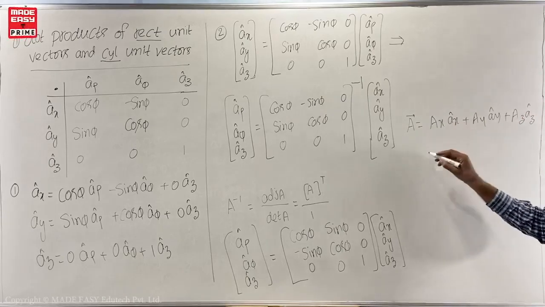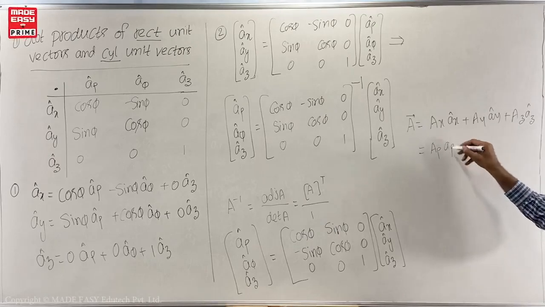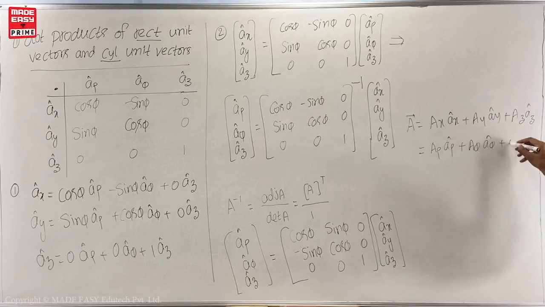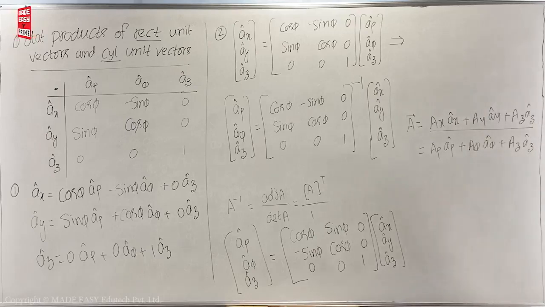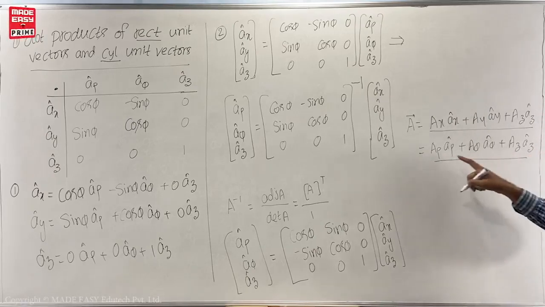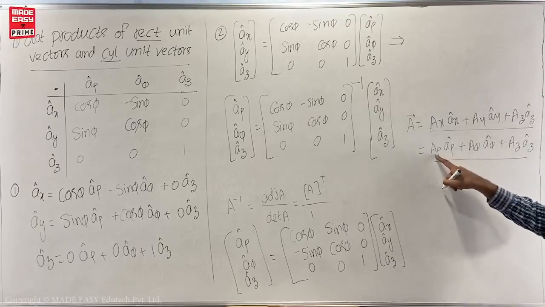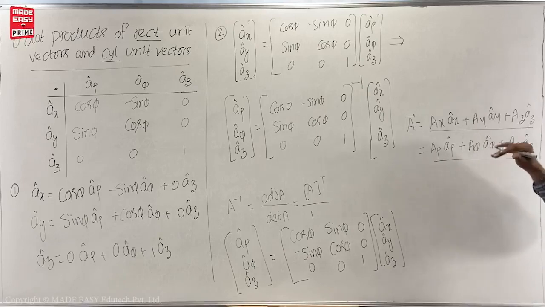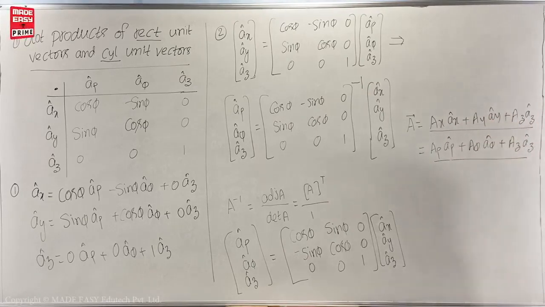If you want to convert that into the cylindrical system, then it will have a rho, a pi, az. So if anybody asks you, they have given this one, then they want a rho, a pi, az. Otherwise, the opposite way: they have given a bar vector in the cylindrical system, that is a rho, a pi, az, and they want to convert that into the rectangular system, that is ax, ay, az is required.